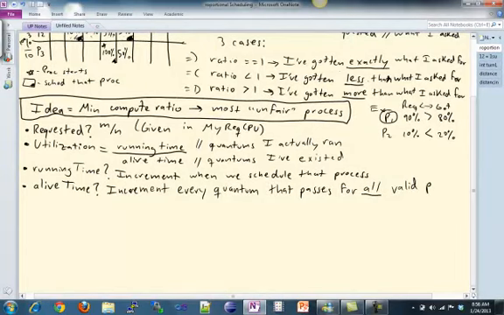Right, because if it's valid, that means that it exists.